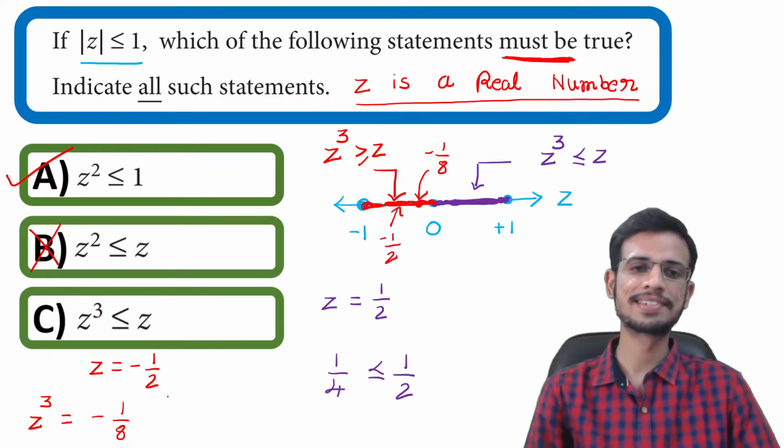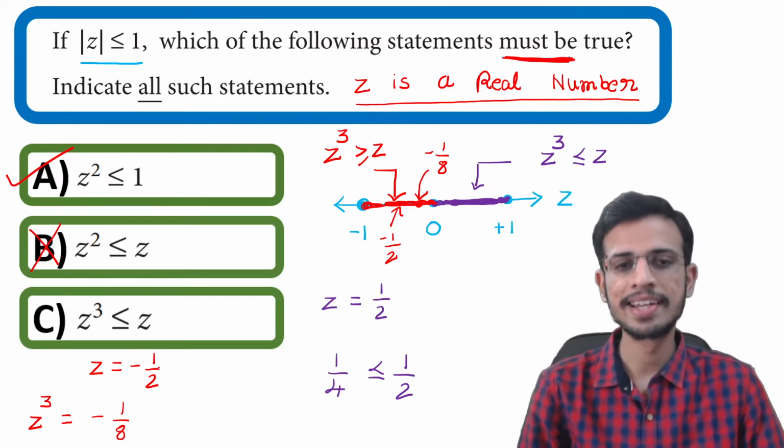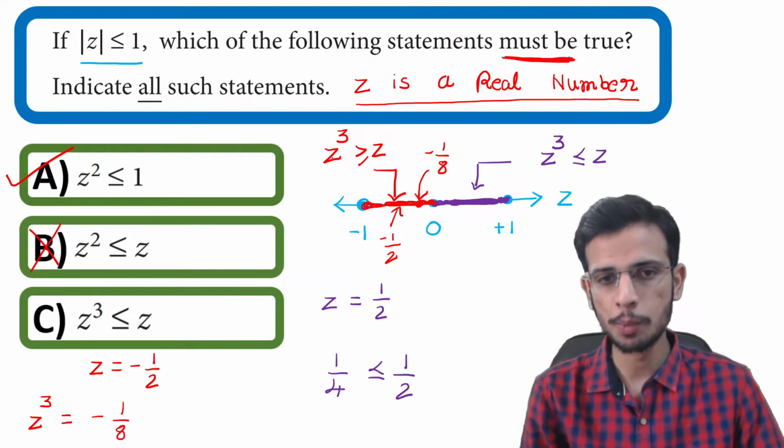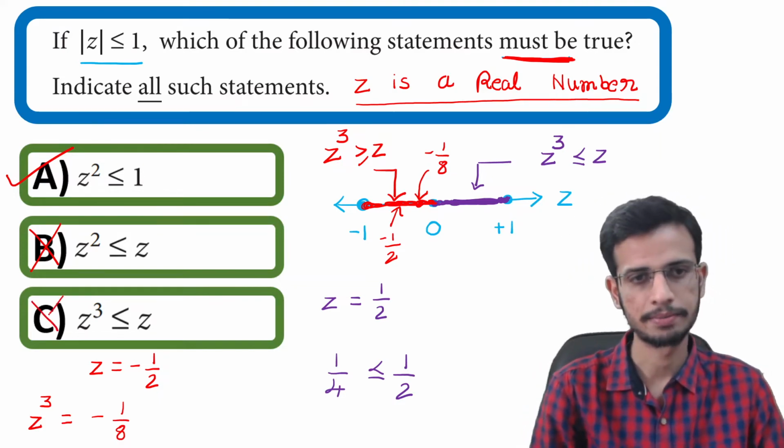So in this case, minus 1 by 8 is greater than minus 1 by 2. Z cube is greater than z. This is also incorrect.